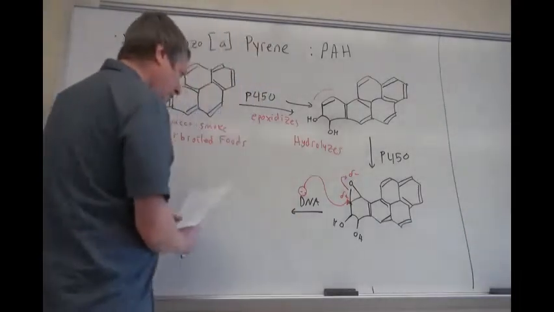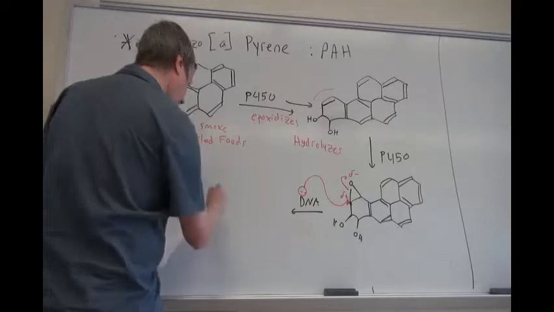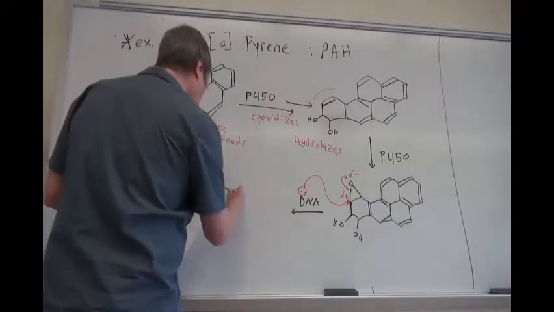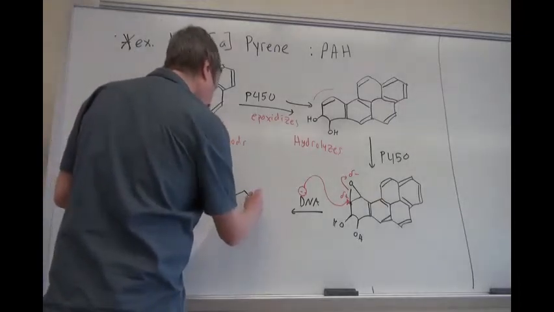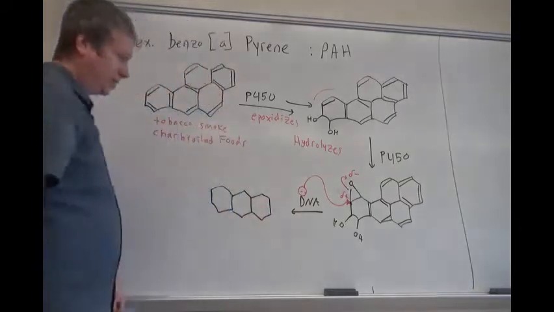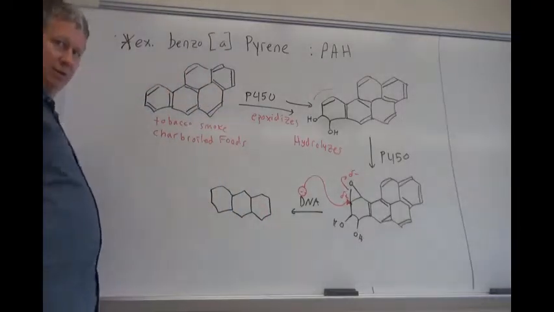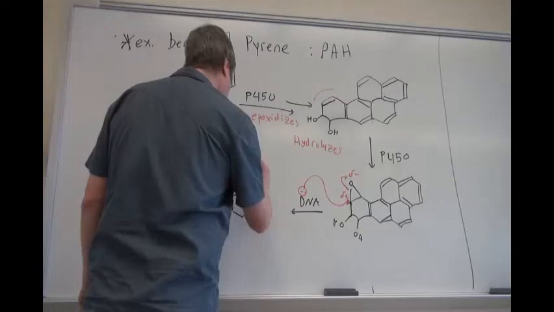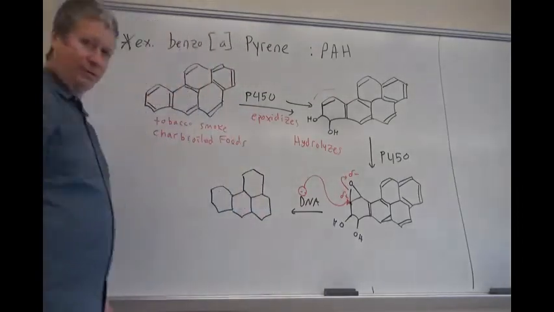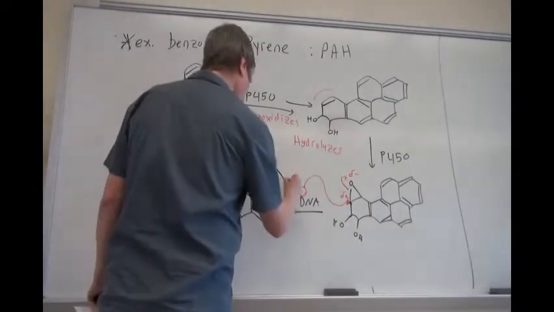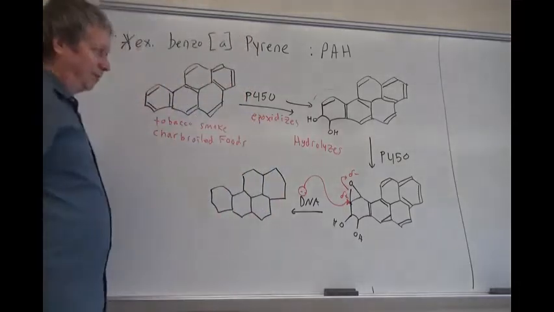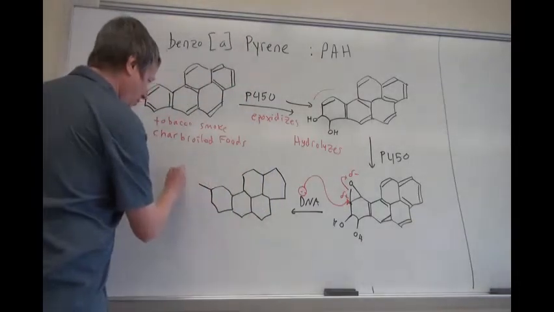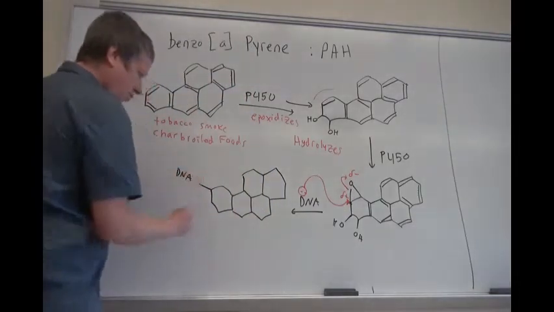And so we can draw that out. Again, start with three rings. There's the 4th ring. Now we have the 5th ring. Okay, so now DNA is right here. Right?